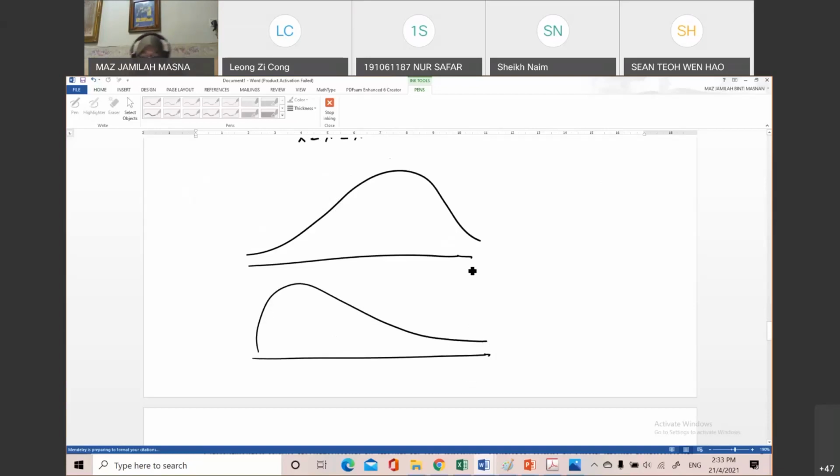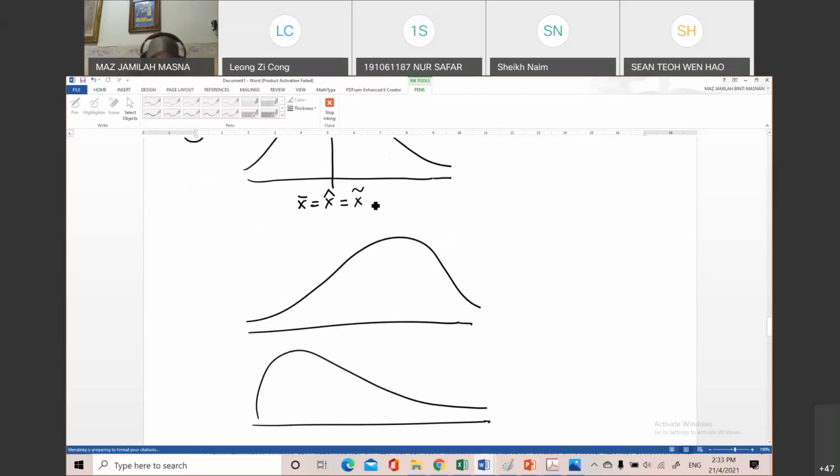Okay, what happens is that each and every value of your x bar, x hat, and x curly will be different. The median will always be in the middle. For left skewed data, you begin with your mean, and your largest value will be your mode.